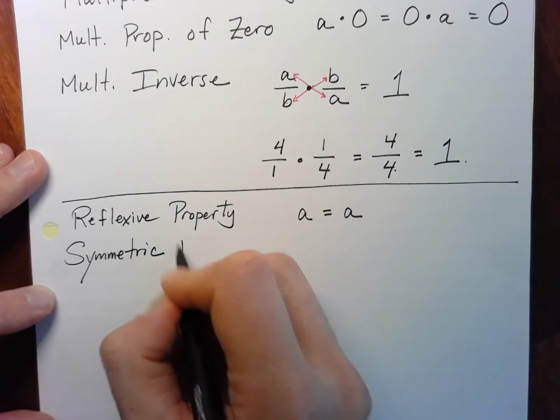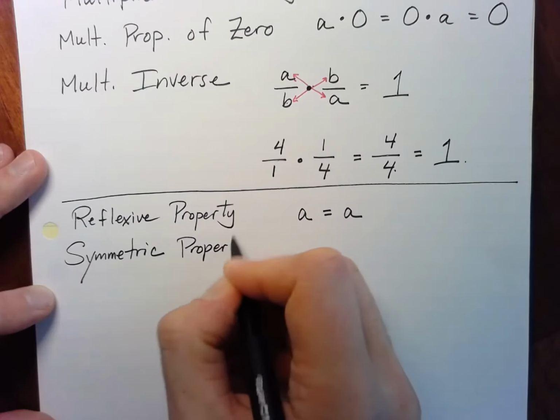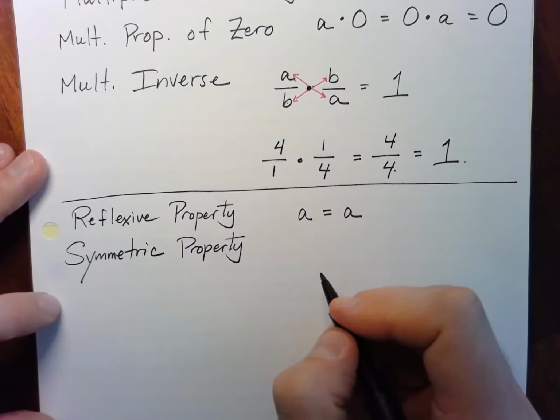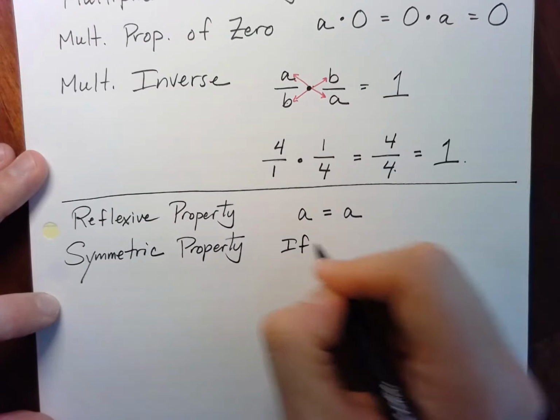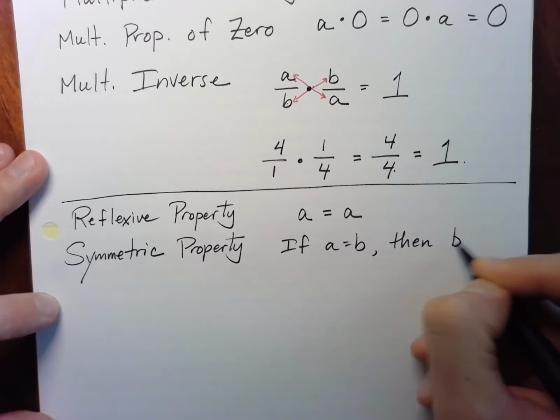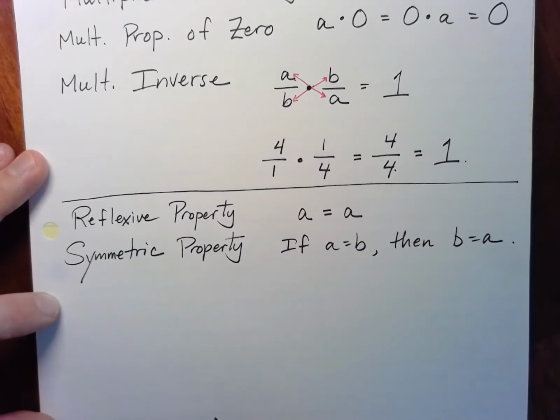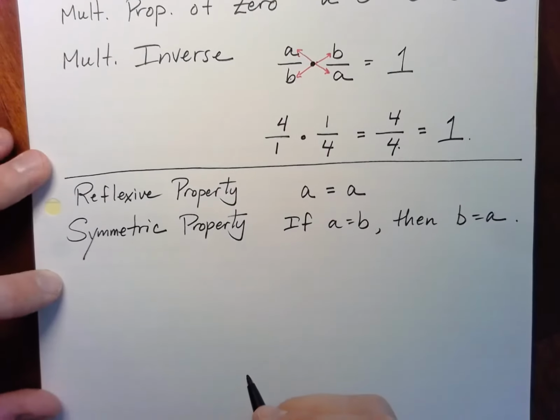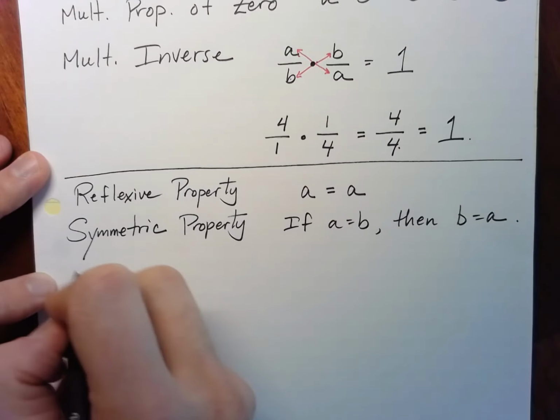The symmetric property says that if a equals b, then b equals a. Pretty obvious, but we still name it, and it's called the symmetric property.